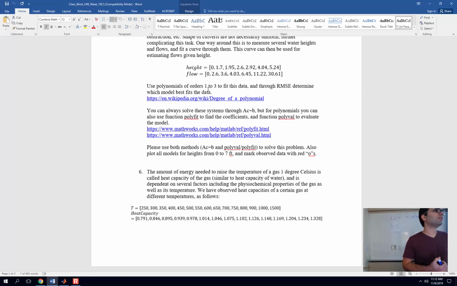Let's see. Y is equal to A times X plus B. A general polynomial is equal to a times x to the power of n plus b times x to the power of n minus 1 plus c times x to the power of n minus 2, all the way to, I don't know, z.